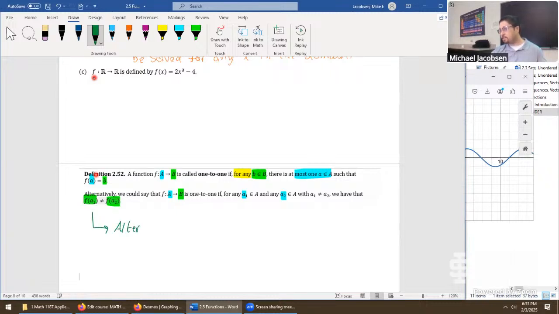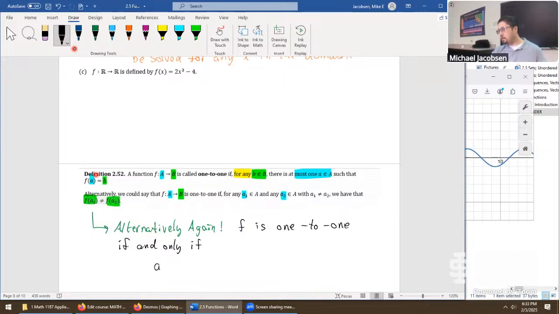Alternatively, again, we could say f is 1 to 1 if and only if A1 equals A2 whenever f of A1 equals f of A2.